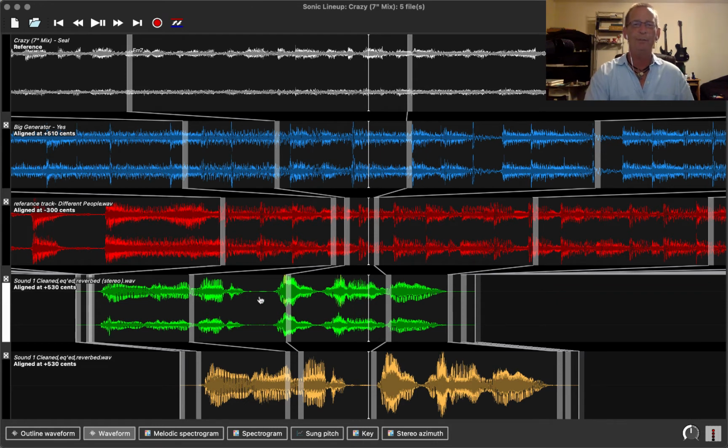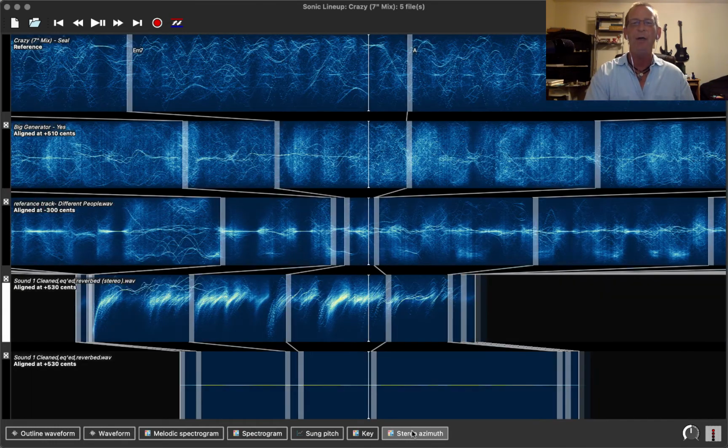Now, the concept here is on the stereo file, it's leaning to one side, but it's still stereo. So when I look at the stereo azimuth here, if I'm looking at the mono, it's just mono. It's giving no information about right and left. It doesn't exist, okay? But that's wrong, right? Because you hear it right and left, correct?